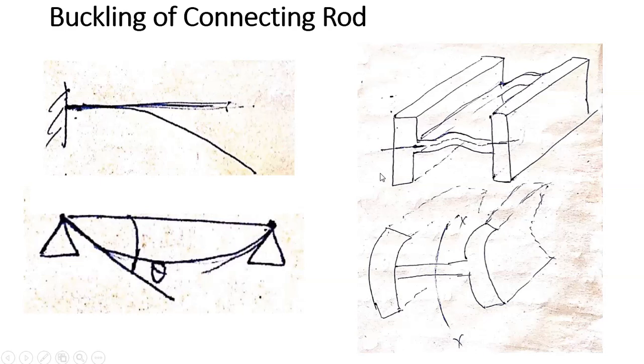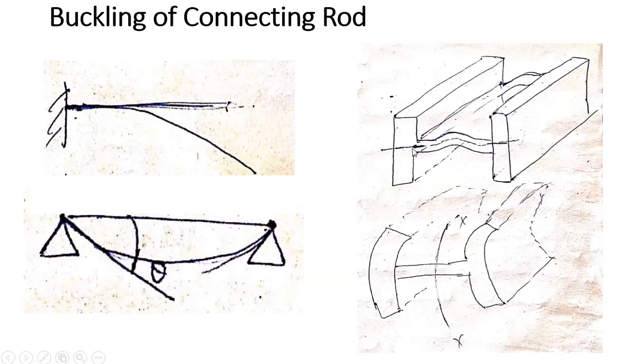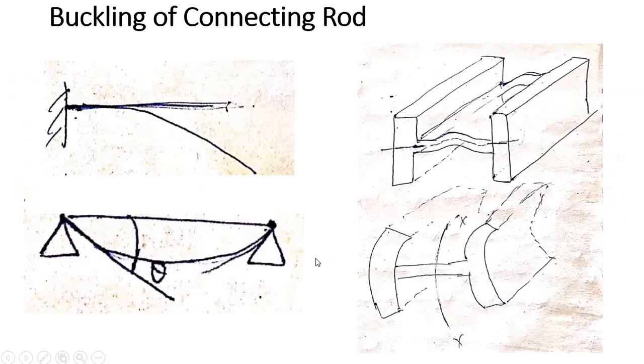That's why we say that along the y-axis the edges are fixed: there is no slope, that means theta is 0 at this end, and also there is no deflection. So along the y-axis the ends are assumed to be fixed, just because we find that the deflected shape will be like this.